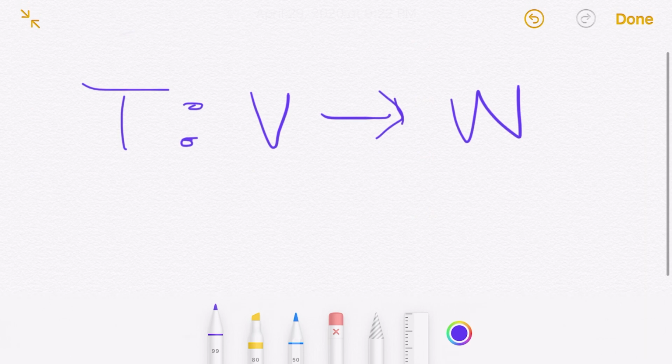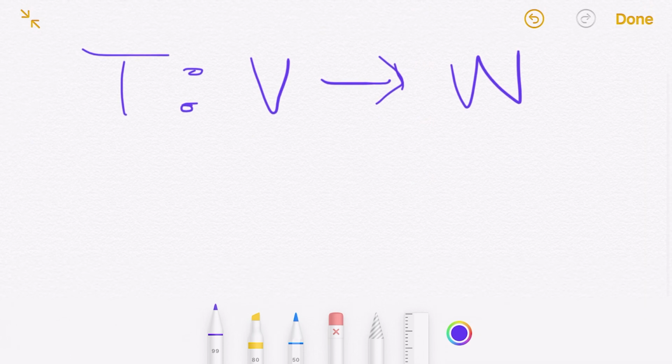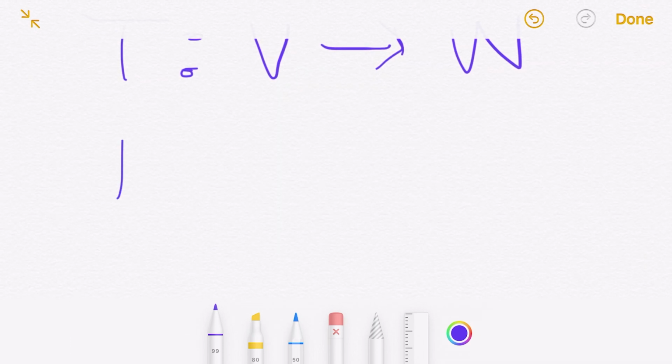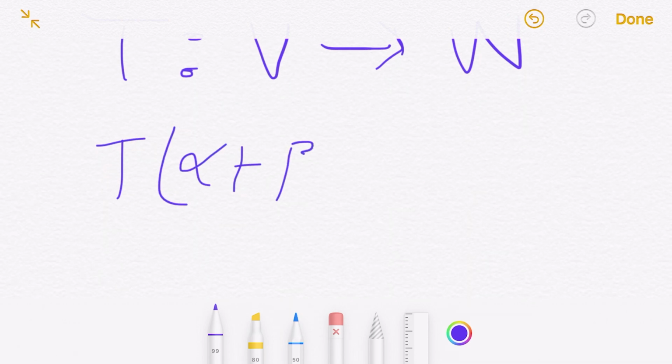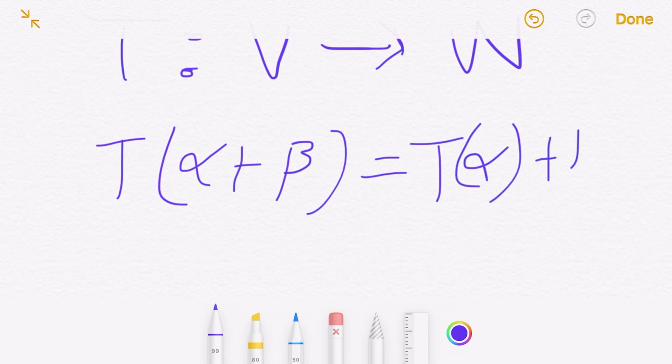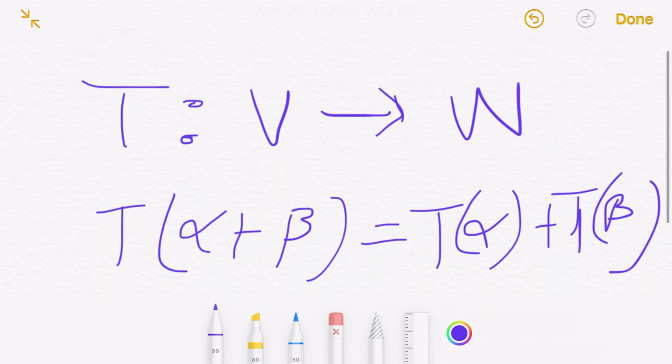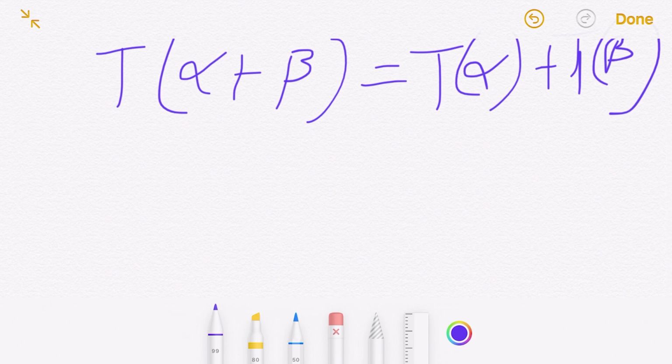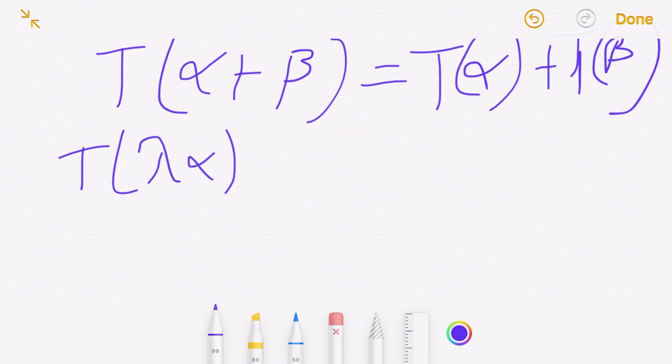The linear map holds a few neat properties, which is basically T of alpha plus beta equals T alpha plus T beta, where alpha and beta are in V and T alpha and T beta are in W, and also T of lambda alpha is equal to lambda T alpha.